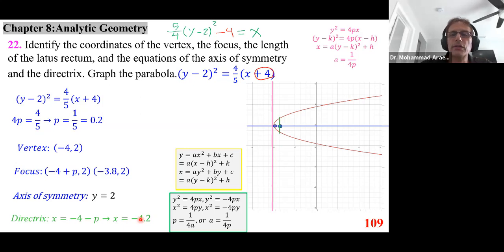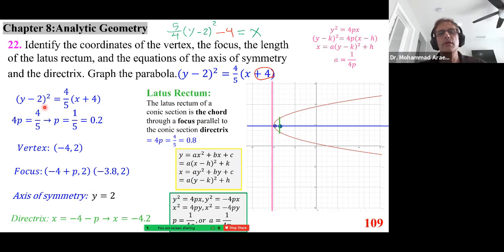Now, this is the latus rectum, which is equal to 4 times p. Well, we already have 4 times p equals 4/5. Now, what I want to remind you again, I don't like to use a because I use a here.